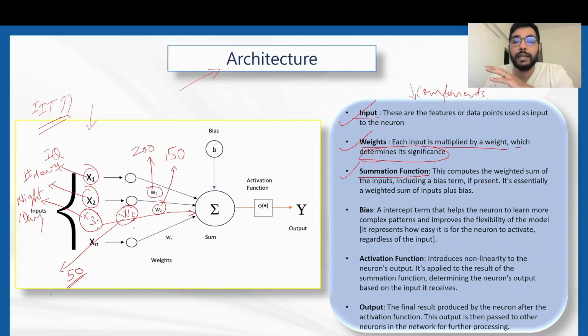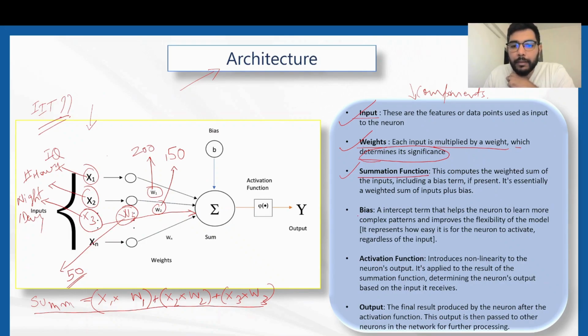The summation function over here is a sum product function, wherein, if you see, x1 is multiplied by w1, this is our multiplication, then added to x2, the second feature, and its weight, and then added to x3 and its weight. So this is an overall sum product of the features and their respective weights. This is what a summation function means.